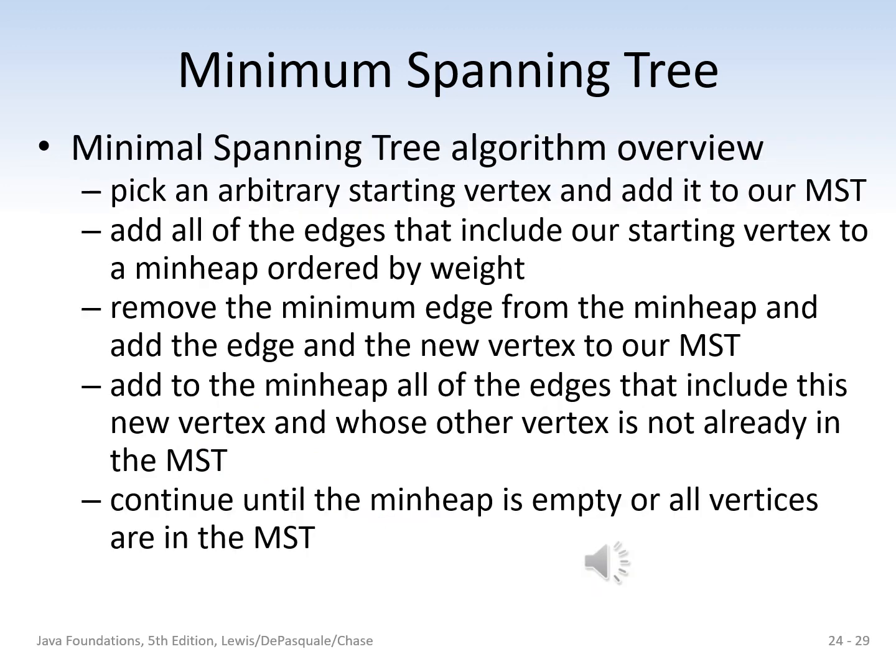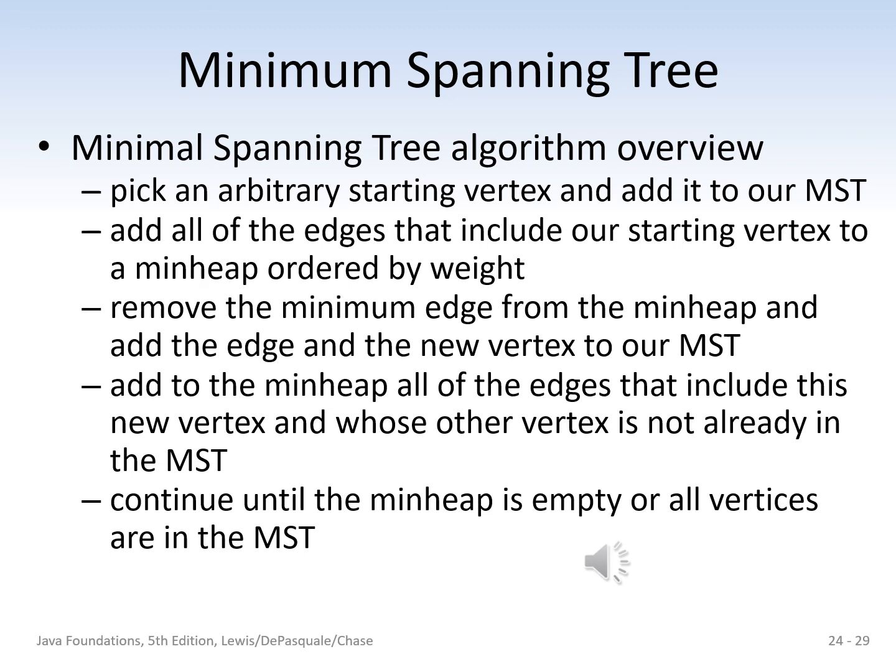Here we have an overview of the algorithm for a minimal spanning tree. We start by picking an arbitrary vertex at which we will start and add it to our MST, minimum spanning tree. Then we add all of the edges that include our starting vertex to a min heap ordered by weight.